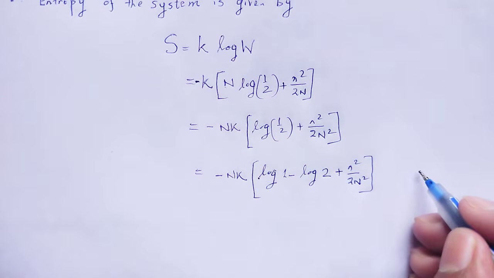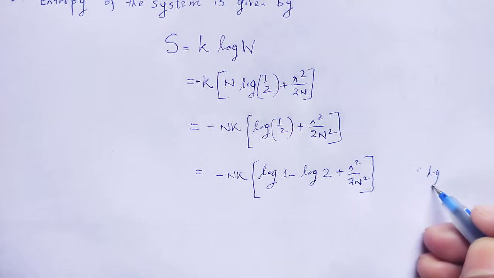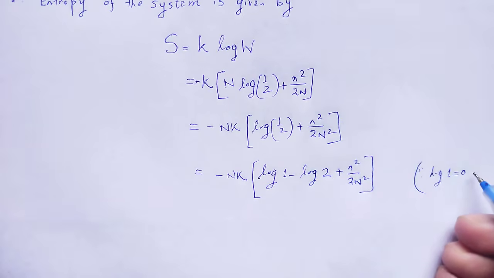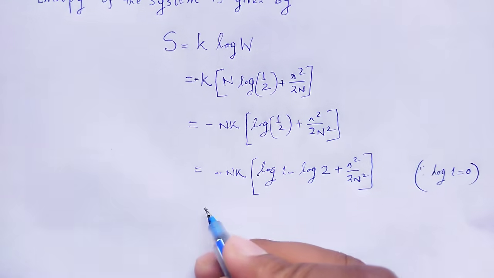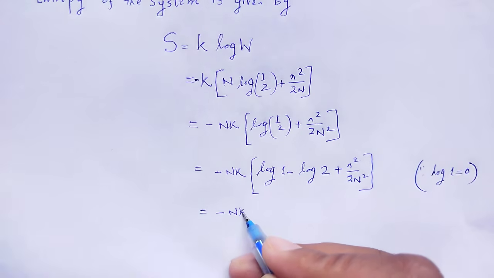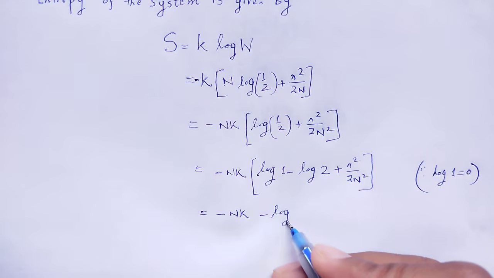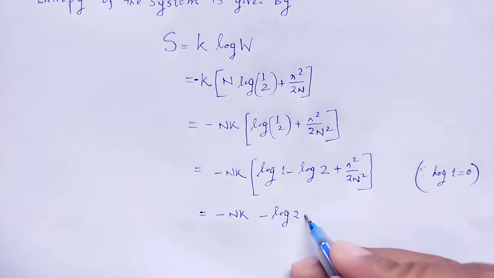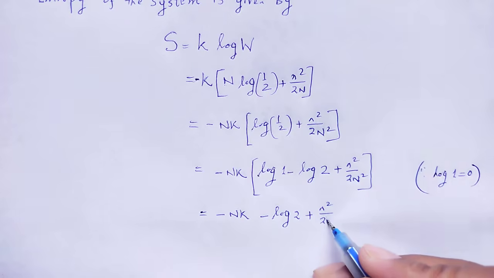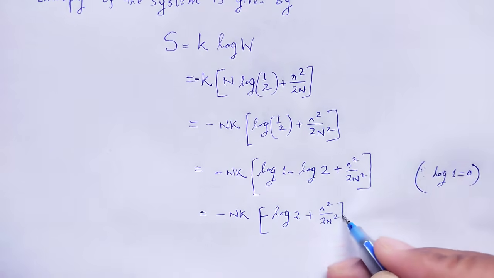The value of log 1 is equal to 0, minus nk (minus log 2) plus n square divided by 2n square.